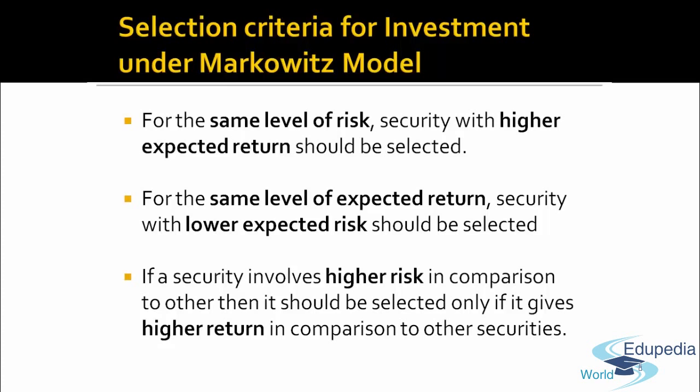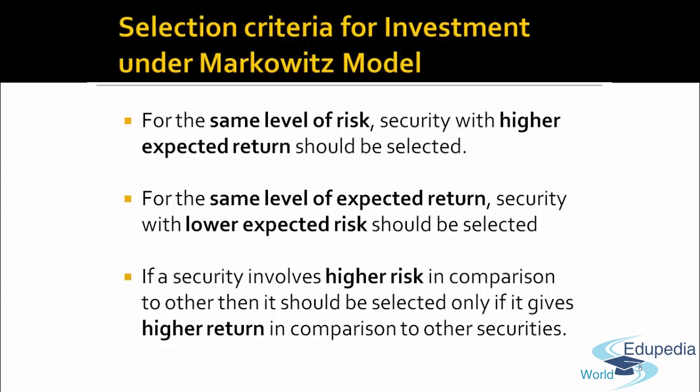That means at the same level of risk, all the securities which are providing a return higher than the expected return are selected, and a higher risk is only acceptable when securities are providing higher return. And at the same level of expected return, if there is any security which is providing a lower expected risk, then that security is also included in the portfolio.